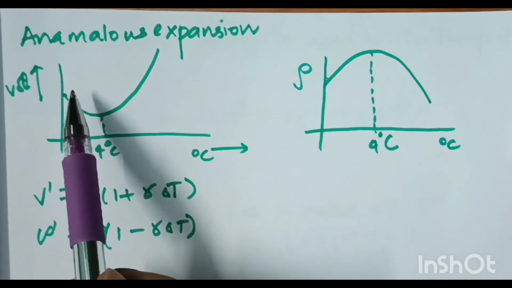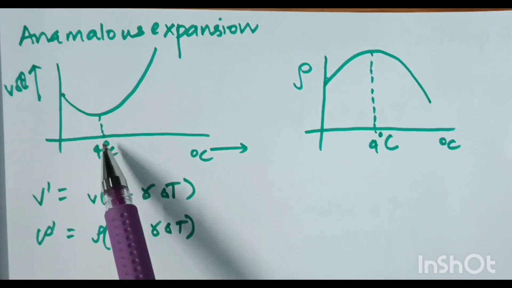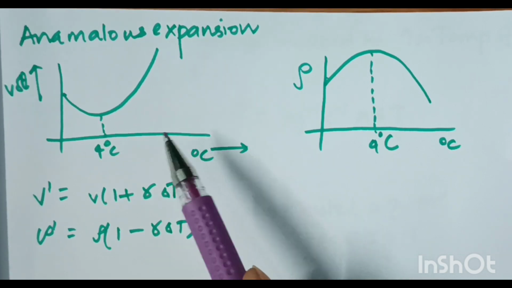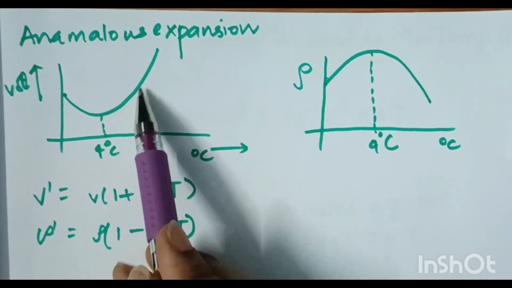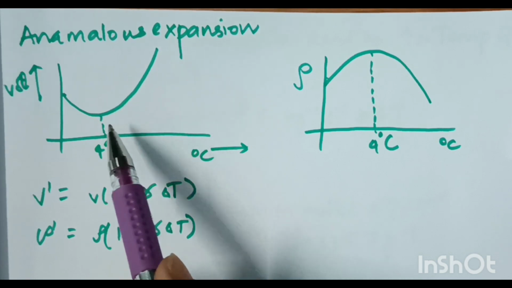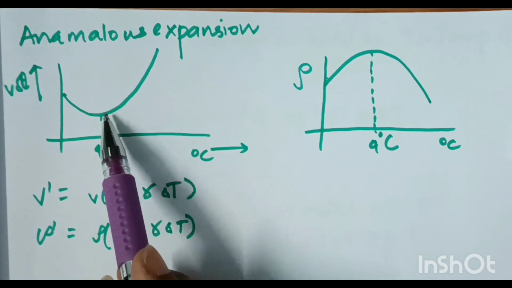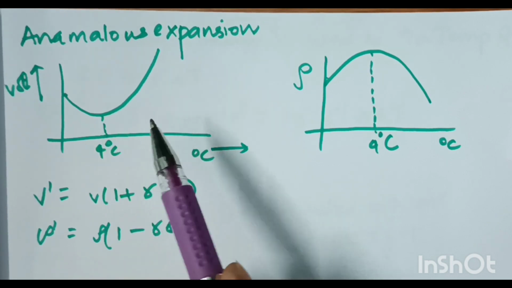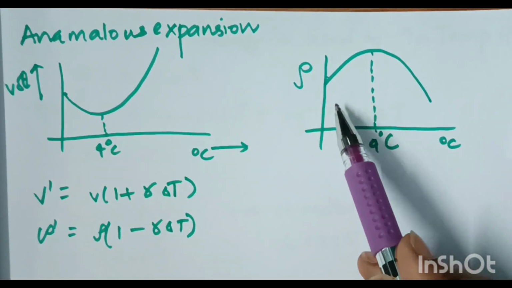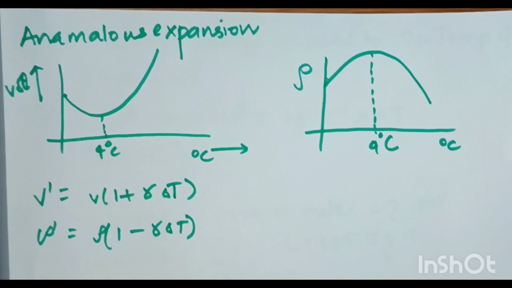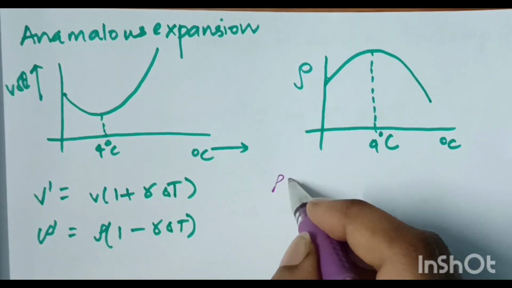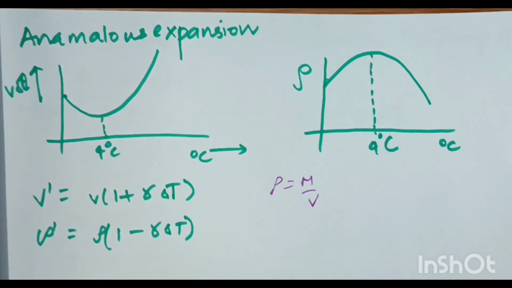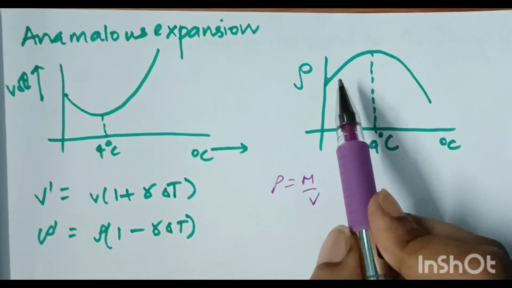So what can we say? After that, on increasing the temperature from 4 degrees Celsius to some degrees Celsius, like 15 or 20, again the volume is going to increase. So we can say from this that the volume of water is minimum at 4 degrees Celsius. Please note that. Similarly, we can talk about density. We know density equals mass by volume, so it is inversely proportional to volume.